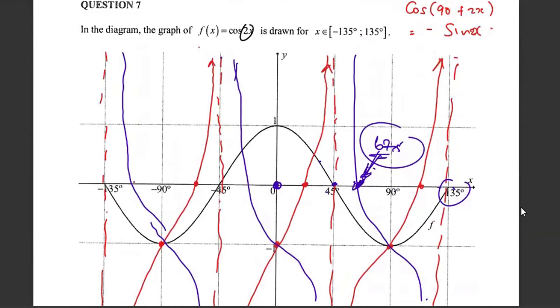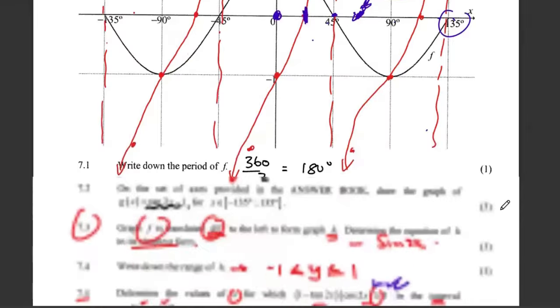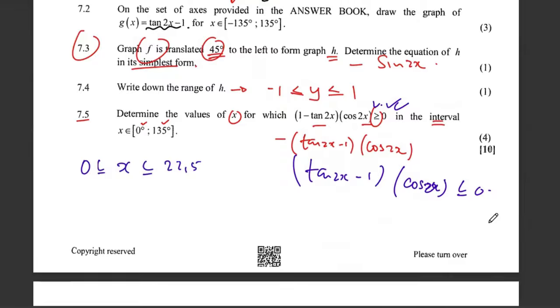If I look at the red graph and this other one, where do I find a negative value? So one is above and one is below. You can see that between 0 up to this point, that makes sense, because we have 0 less or equal to x less or equal to 22.5.